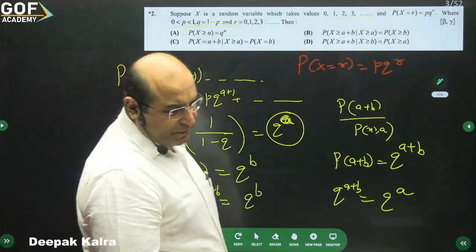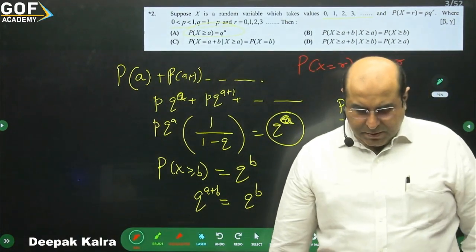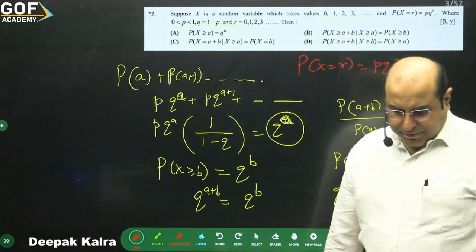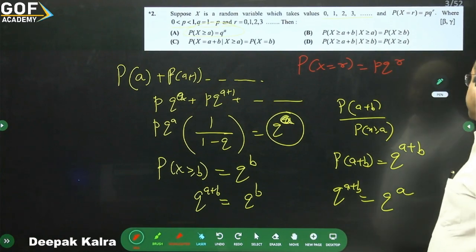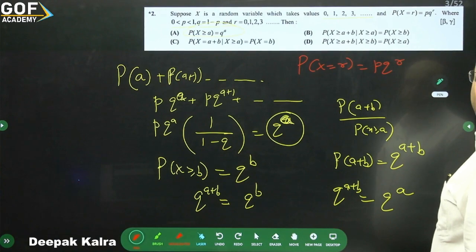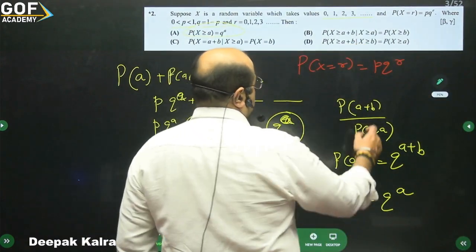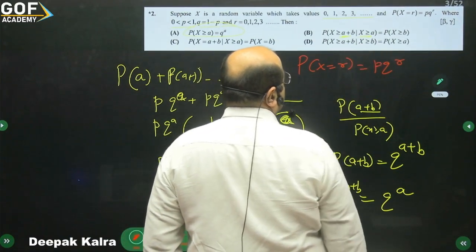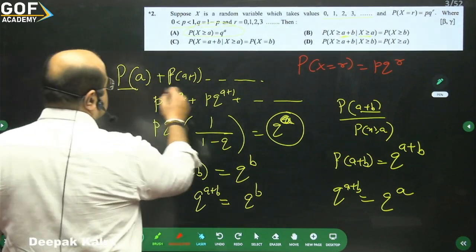What is the answer we are getting in this? What is the intersection of these two? A plus b is a particular value, so we'll not get a summation, no?